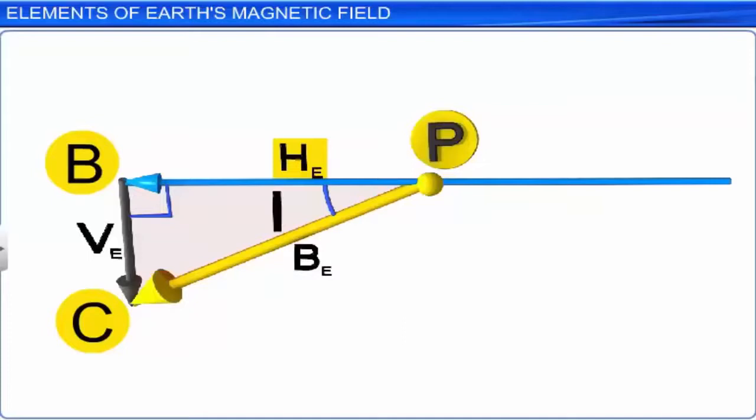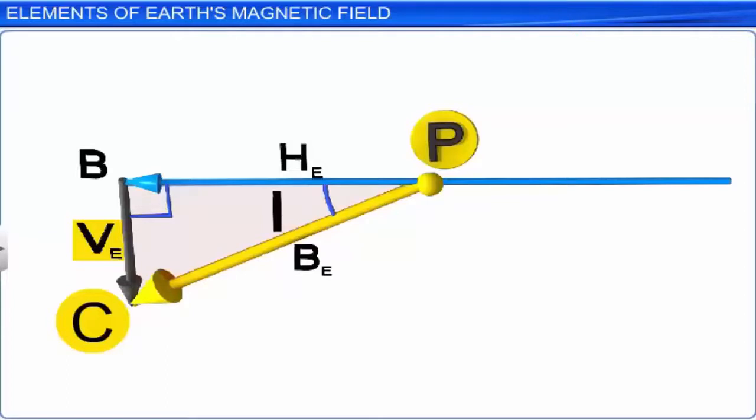On the line PC, put an arrowhead at C. Line PC represents the total magnetic field BE of the Earth at the point P.